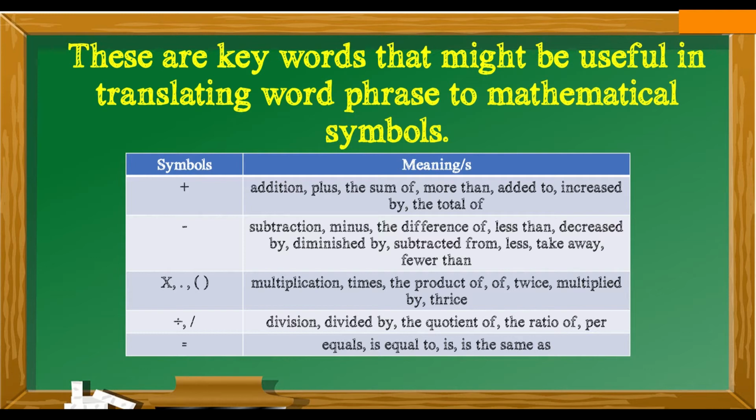Next, the division sign. We can also use the slash to represent division sign. And the words and phrases associated with division are division, divided by, the quotient of, the ratio of, or per.